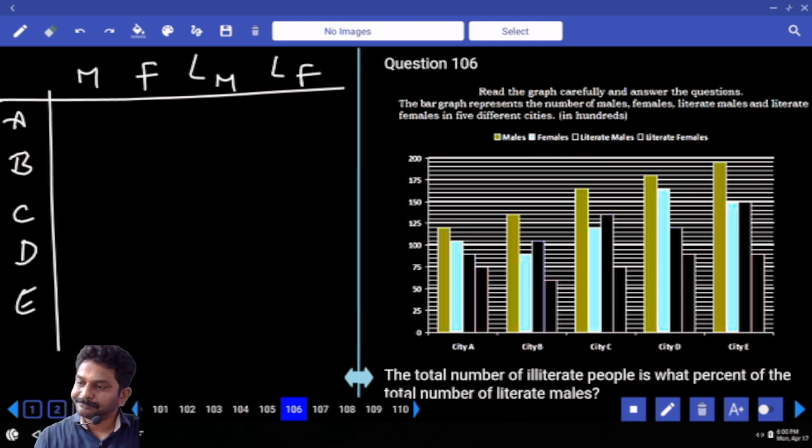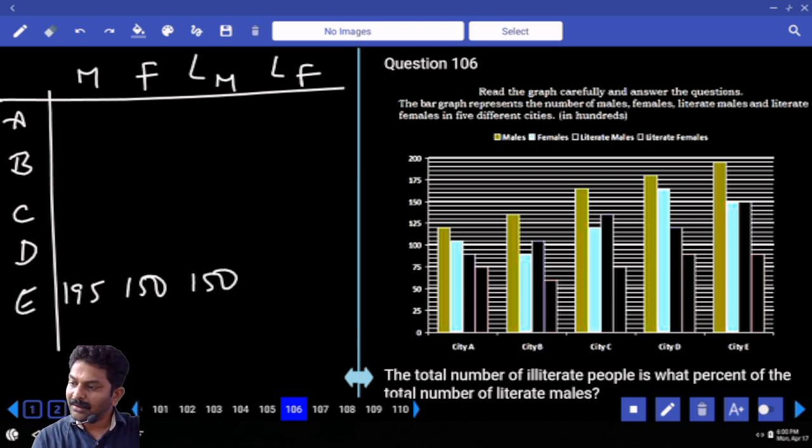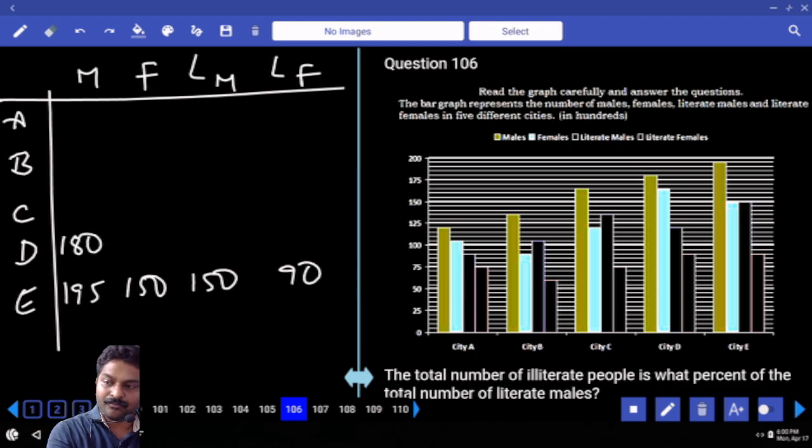Let's come from the last. 195, 150, 150, and then 90. Next, D values: 180, 165, 120, 90.